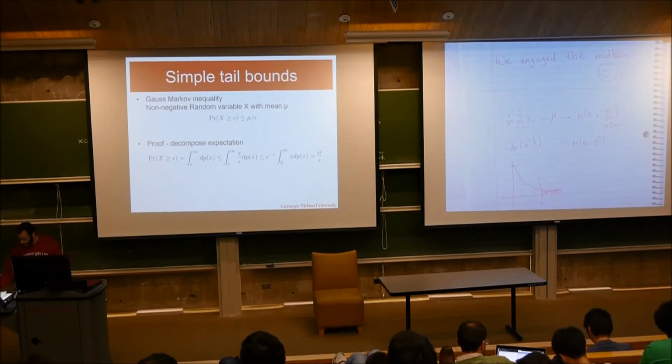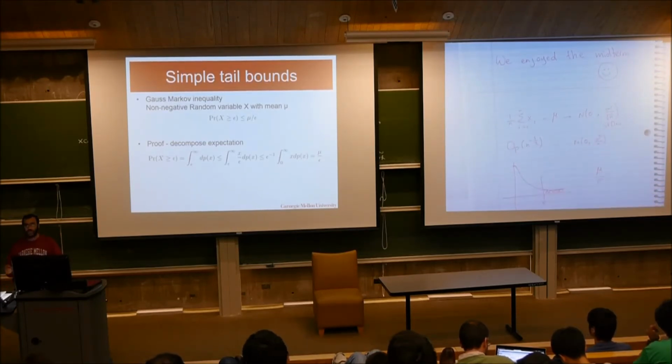The inequality states that this probability is less than or equal to mu over epsilon. So it decreases linearly with the inverse of epsilon.